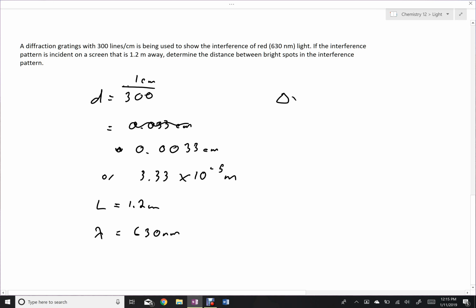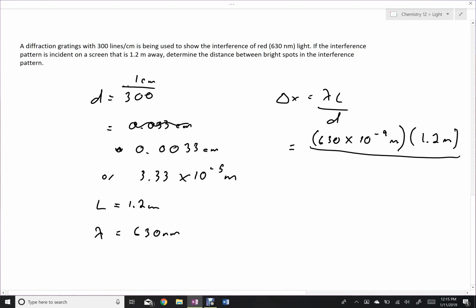So delta X equals lambda L over D. So 630 times 10 to the negative 9 meters times a length of 1.2 meters divided by the distance in between my slits, which is 3.33 times 10 to the negative 5 meters.